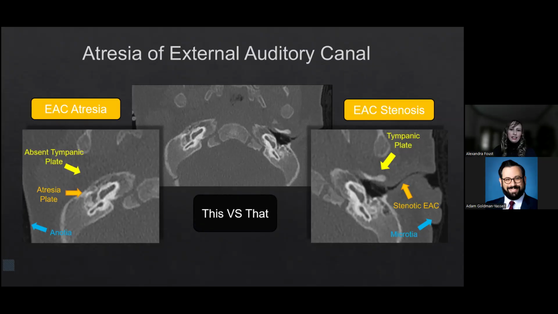One, we can see a very thin canal here, but more importantly, the presence of this bony tympanic plate, which is going to be the landmark that helps us differentiate between stenosis and atresia. You'll also note that external ear anomalies are fairly common when you have congenital aural atresia, and in this case, they've got microtia on the left side and a complete absence of an ear, or anotia, on the right side.